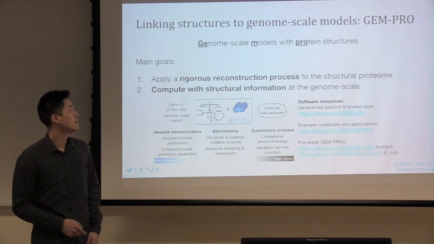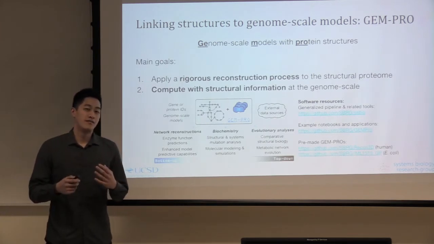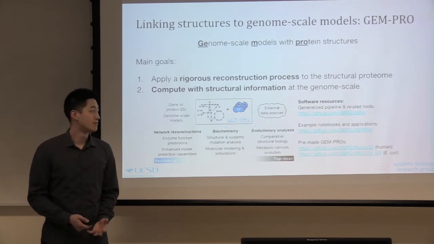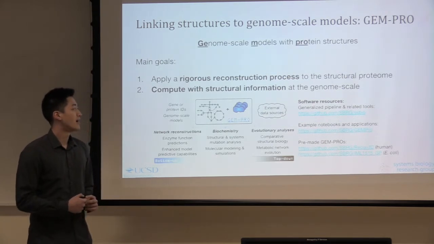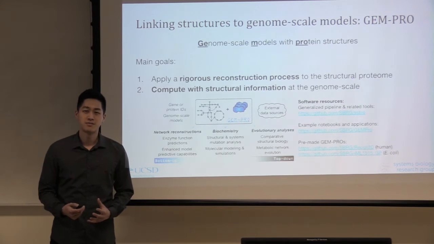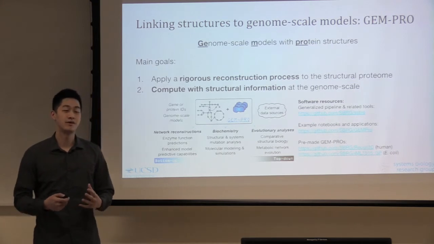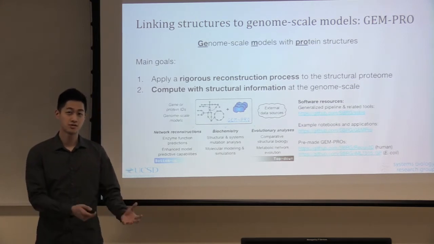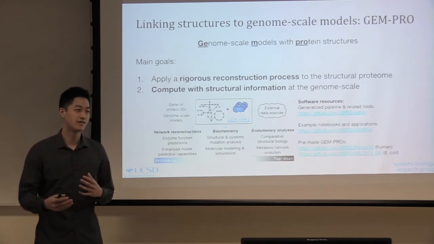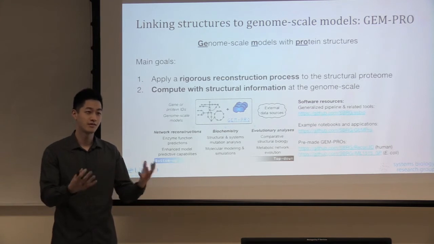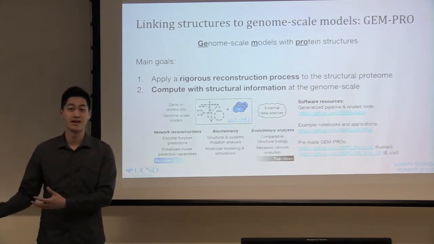Again, the concept here is simple: we are representing the enzymes with the 3D structures of these proteins. The main goals of the pipeline that we've recently created, which we're calling the GEM-PRO pipeline, are to apply the same rigorous reconstruction process that we use to reconstruct metabolic networks to the structural proteome. As you can imagine, there are either a lot of protein structures solved for your enzyme of interest, or there may be none at all.